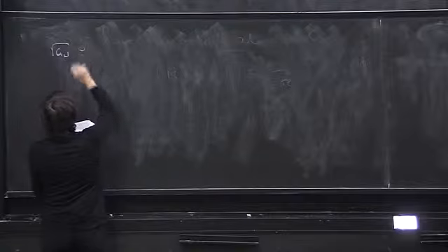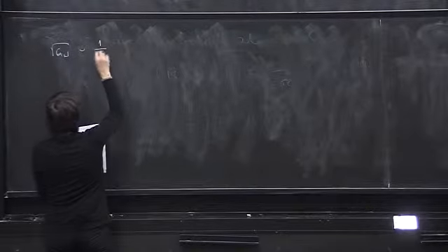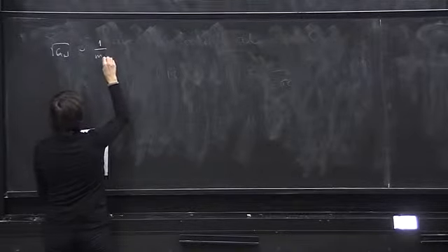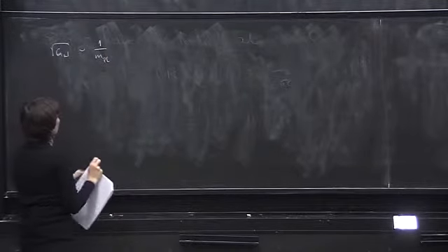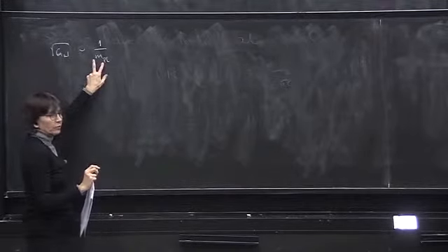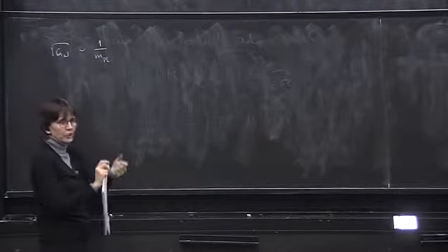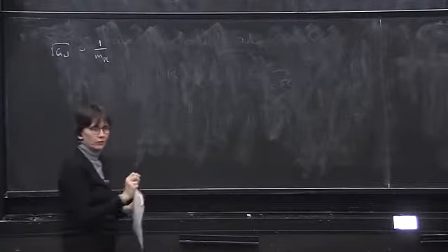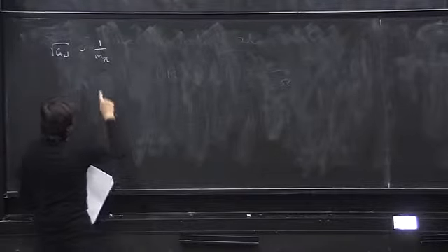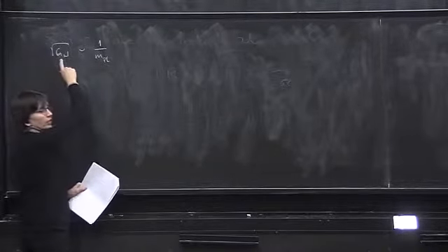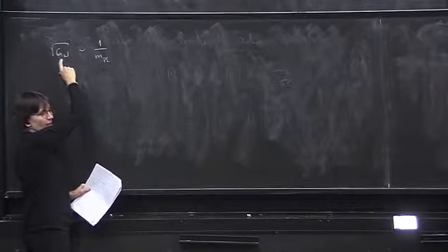Now, in our units, this can be seen to be inversely proportional to the so-called Planck mass. The Planck mass is a unique quantity you can construct from c, h bar, and G Newton, which has the units of mass, of course. Here I have set c and h bar to 1.